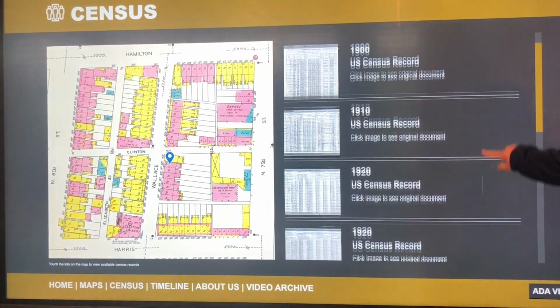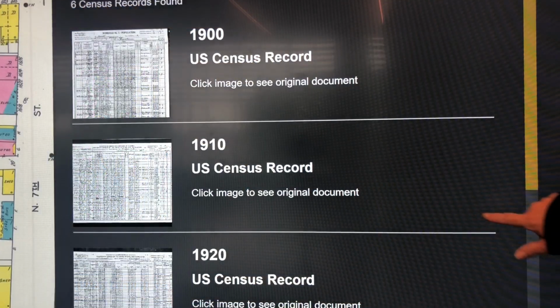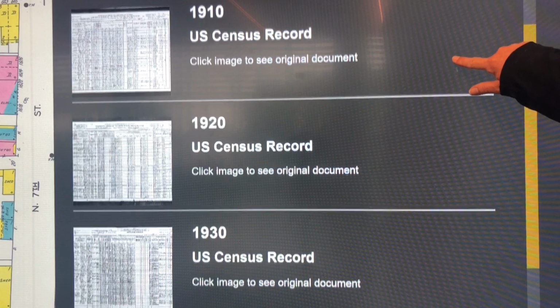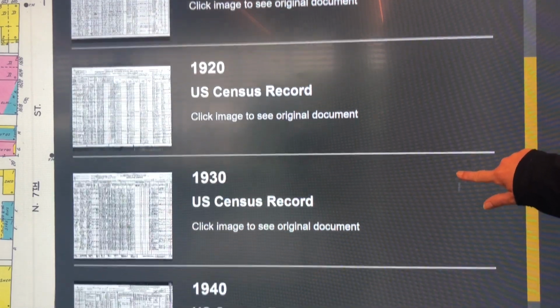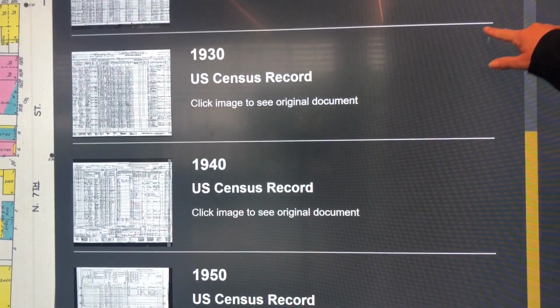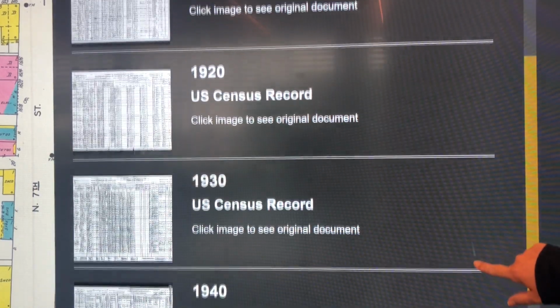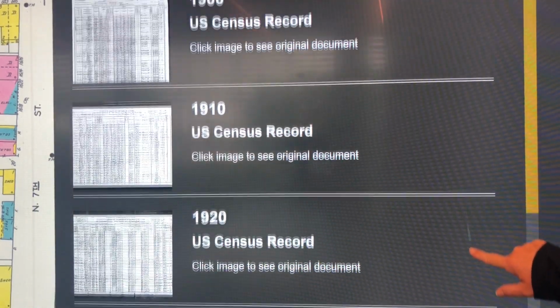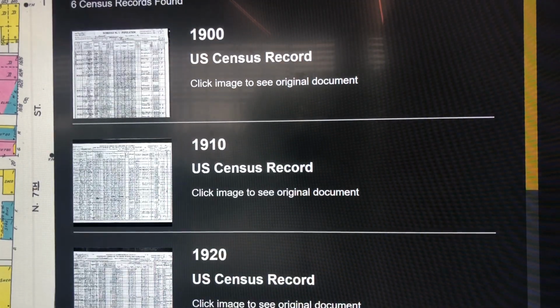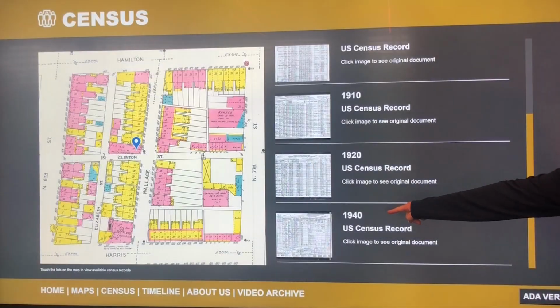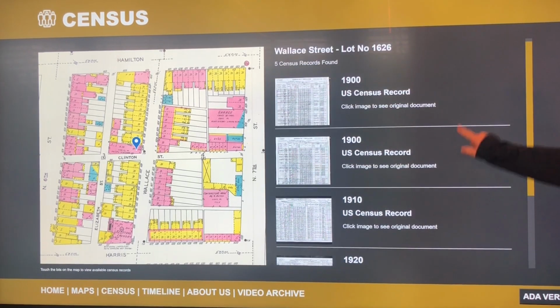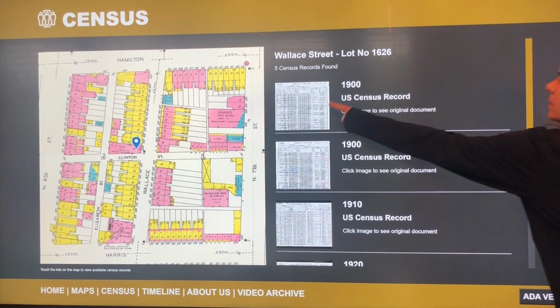Now, different homes will bring up different censuses. You can scroll through the list. The house that I touched had a census as late as 1950 and as early as 1900.